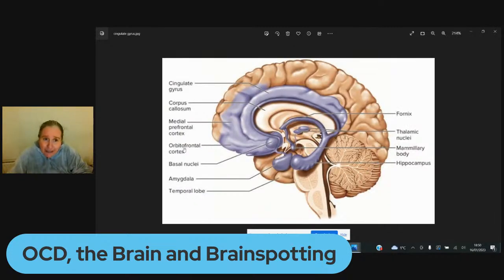So we're going to be looking at here the orbital frontal cortex, which is just behind the eyes. So the bit of the brain behind the eyes. We're also going to be looking at the cingulate gyrus, which is this section over here. We're going to be talking about the amygdala, that is the little almond-shaped thing. It's on both sides at the back of the brain.